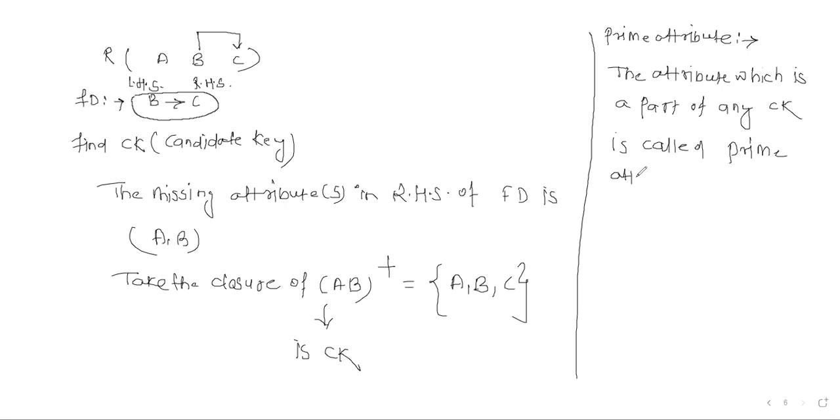Is called a prime attribute. So here in this case, what are the prime attributes you have? The prime attributes here are A and B. Two attributes will be called prime attributes. Now, what is a non-prime attribute? Just the reverse of this.